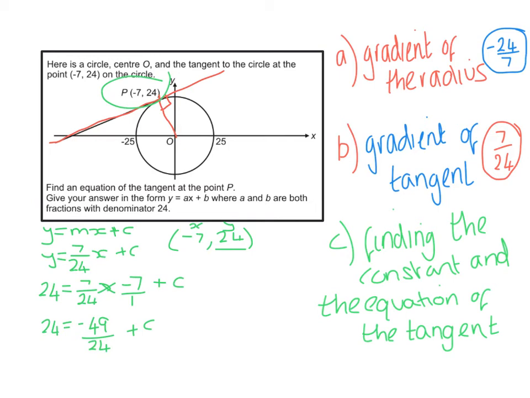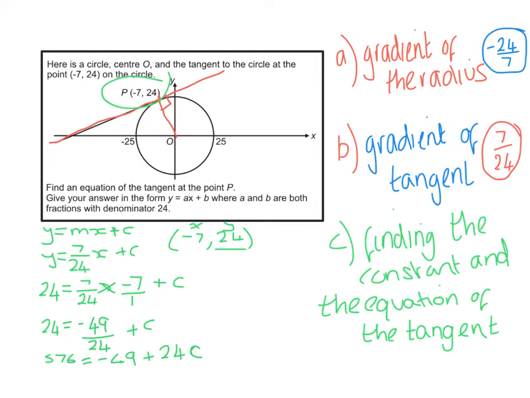Easiest way to do that is probably to get rid of that 24 on the bottom first. So I'm going to times everything by 24. So 24 times 24 on my calculator is 576, equal to minus 49. And I have to times everything by that 24, so now I'm going to end up with 24c as well.